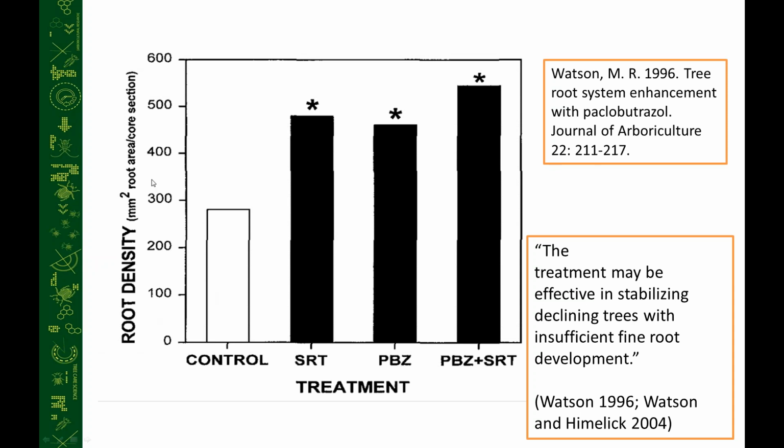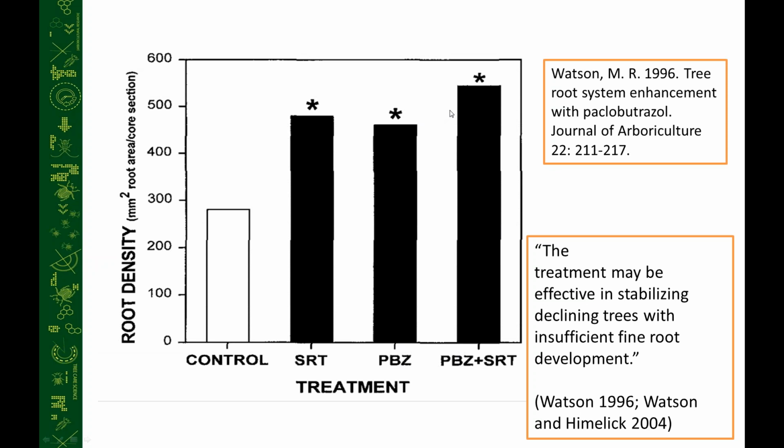What we can see here, this axis is referring to root density. We have our control trees, and we compare those to our trees that are doing the radial trenching, then to the trees just being applied paclobutrazol, which is Cambistat, and then to the combination of Cambistat and the radial trenching.